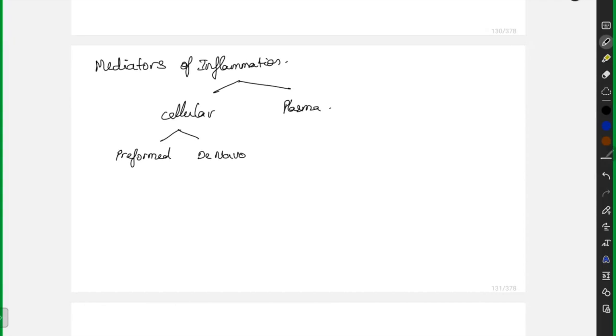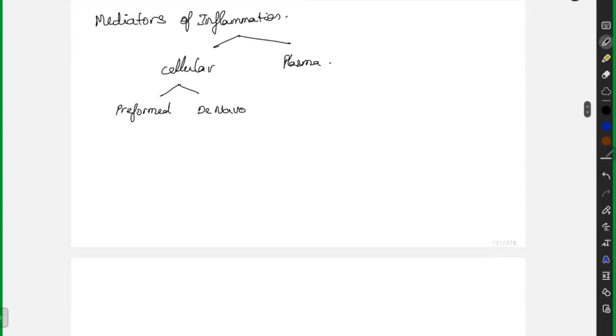Remember, the preformed mediators include histamine, serotonin, gelatinases, acid hydrolases, etc. Whereas de novo, whenever there is an insult coming, only then there is production of certain mediators like nitric oxide, arachidonic acid, platelet activating factor, cytokines, etc. Then coming to the plasma, you're going to have a complement system, a kinin system and a thrombin system. So plasma, we are going to have three systems.